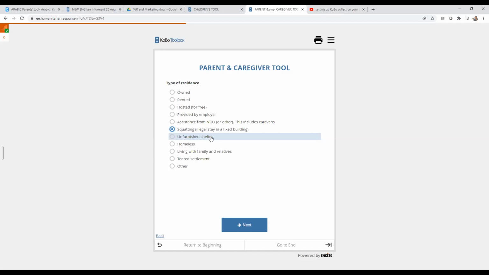They should have confidence that whatever they tell us is what we're going to register. Even somebody might be ashamed to say, "I'm homeless," and say instead, "I'm living in a rented apartment." It could be, but we are not going to fact check. We are just going to write the answer that they give us. We're just collecting data.